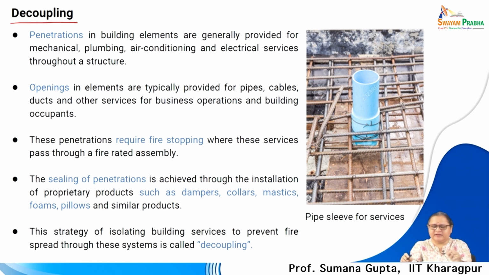You can see here from the side is a pipe sleeve which is embedded within the reinforcement before the concrete encasing is done. Through this various pipes can pass, maybe a water pipe, a drainage pipe, and when two pipes are passing through it, there remain gaps around it.